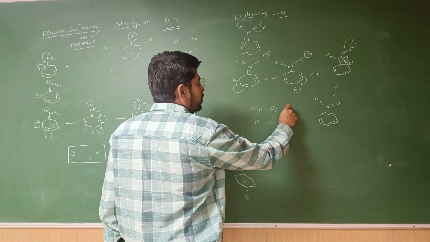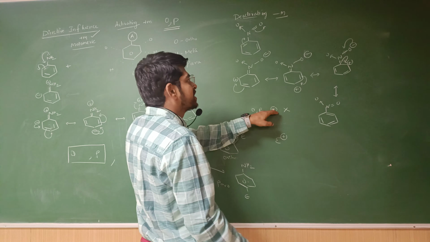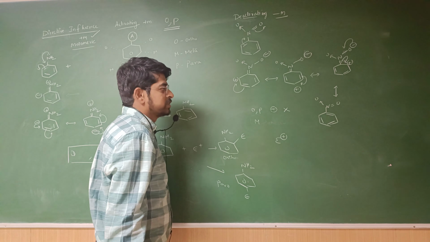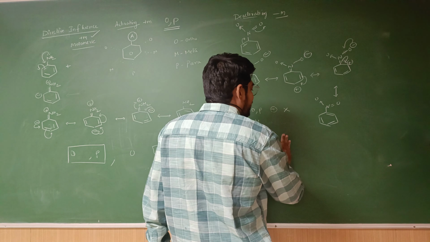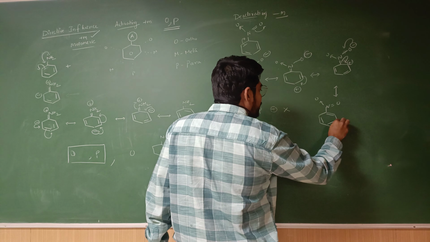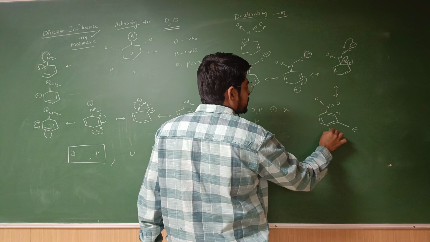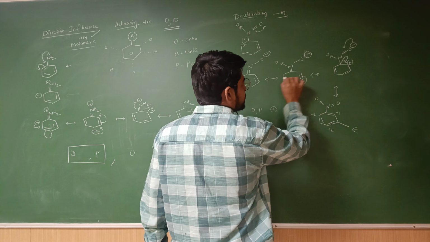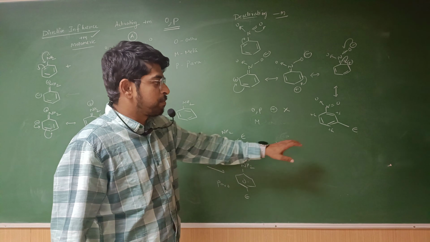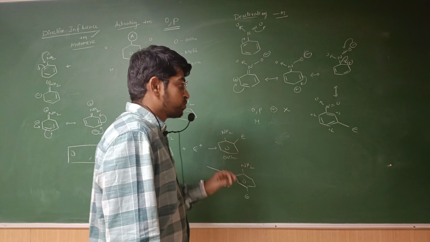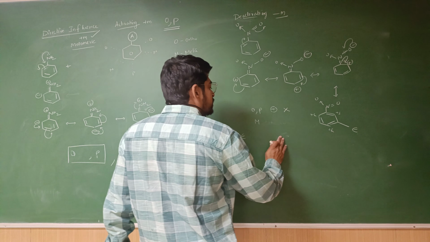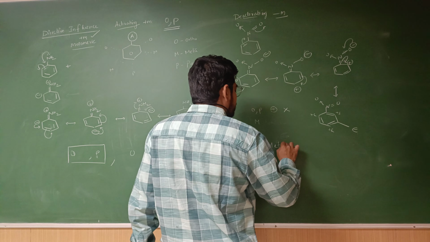Obviously it will not choose ortho and para because positive charge is already there. The electrophile is also positively charged. So if an electrophile attaches, it is going to attach at the meta position. Because here there is a positive charge, here there is a positive charge, here there is a positive charge in the resonating structures. So it will prefer to attack at meta. So this means this group is a meta directing group.